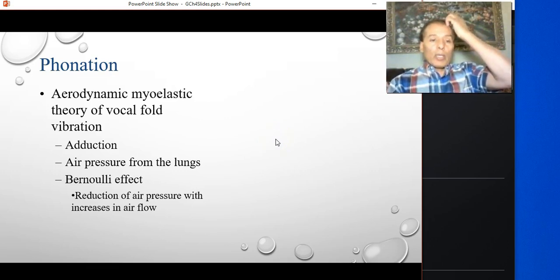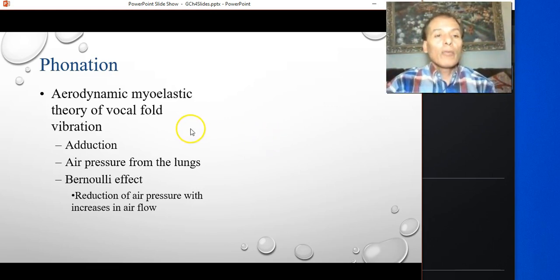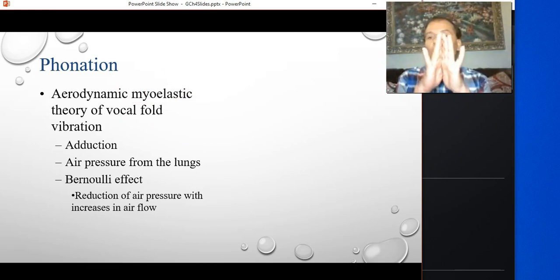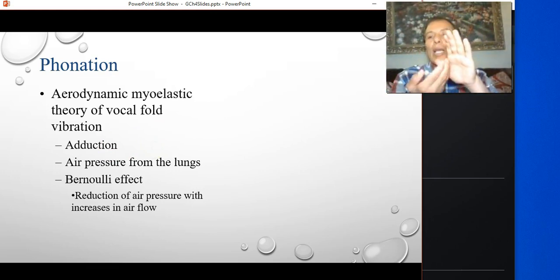So when we speak about, how do we speak? There's a theory called the aerodynamic myoelastic theory of the vocal fold function, and that basically says that in order to phonate, you need to adduct the vocal folds. You bring them close together. And when you bring them close together, as soon as you close the vocal folds, the air pressure is going to build up beneath them.